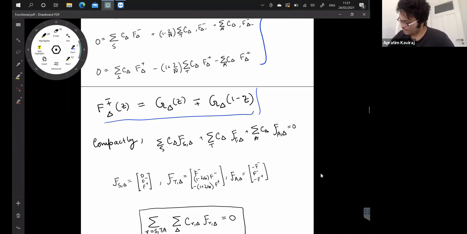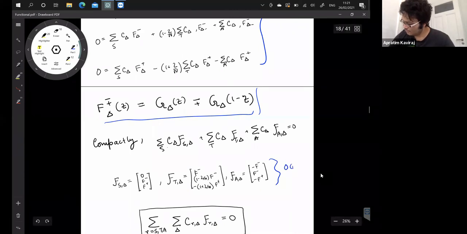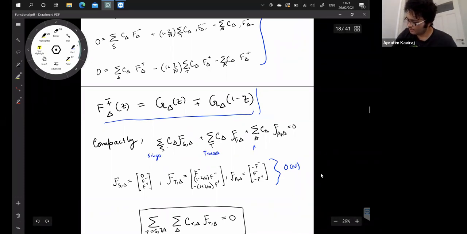They can be written as a system of matrix equations, where these vectors are called ON vectors. So there are 3 of them. Let me remind you, one for the singlet, the traceless symmetric, and antisymmetric.